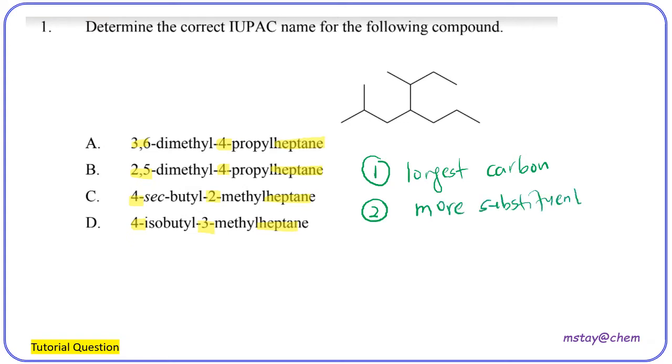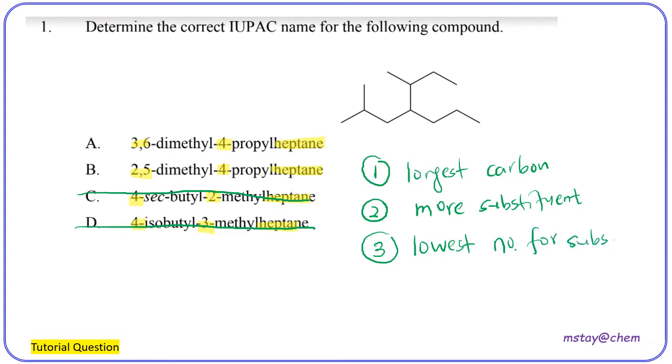From this second requirement, options C and D will be out because they only have 2 substituents. Next, we look at the lowest numbers for substituents. How do we know which is lower? We total up 3, 6 and 4, which equals 13, while 2, 5, 4 totals 11.